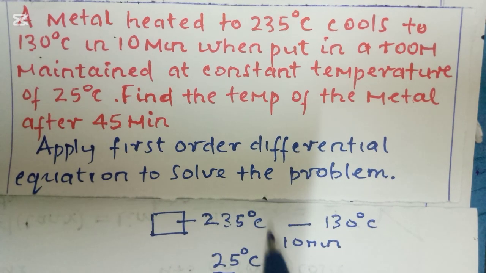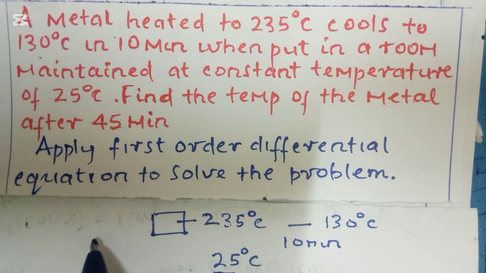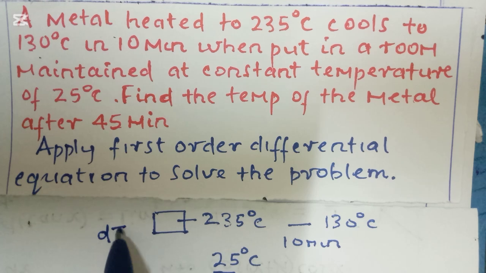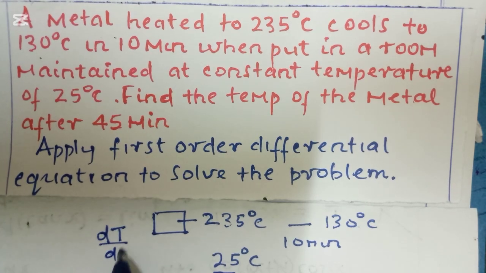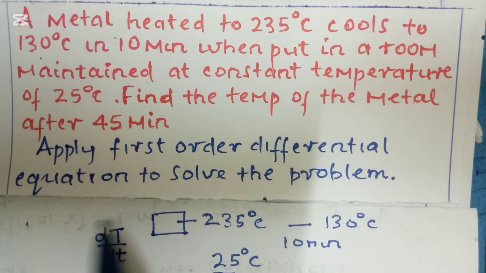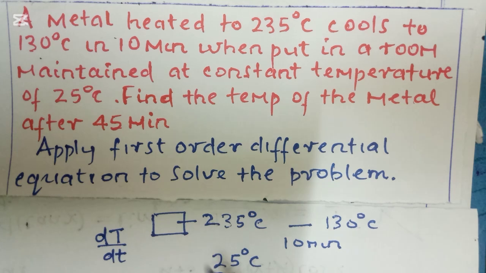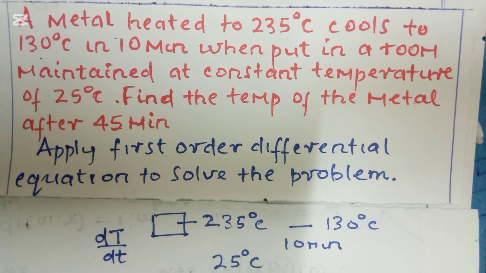There is a rate of change of temperature, dT over dt, where t is time, and it will continue to lose more heat until it arrives at 25 degrees. That means this metal will be at room temperature after some time.